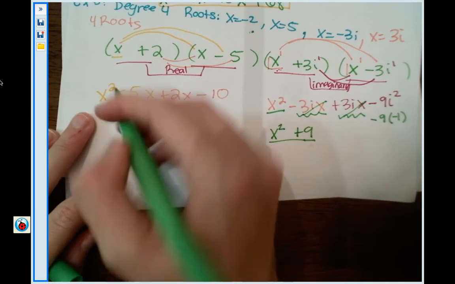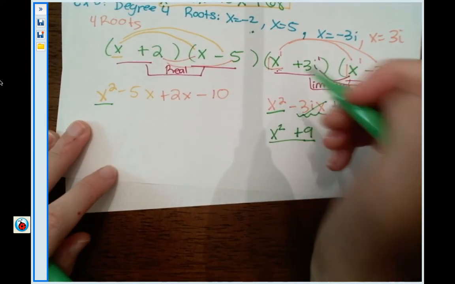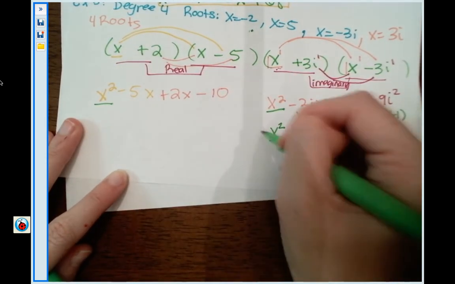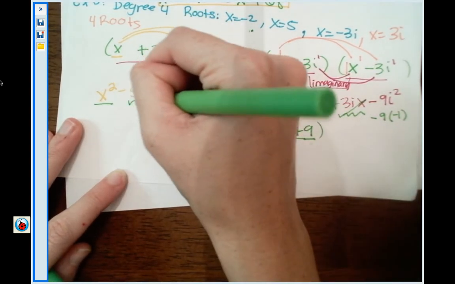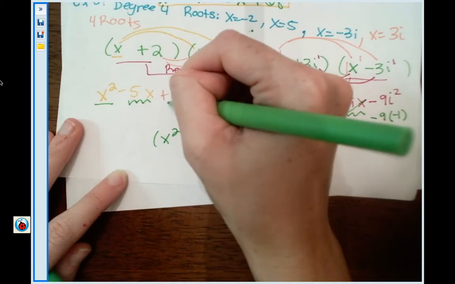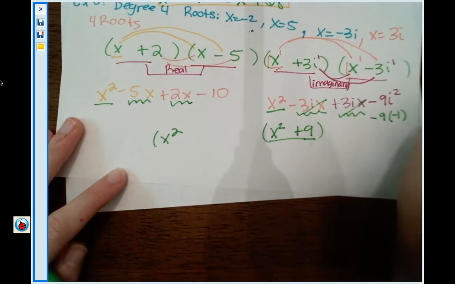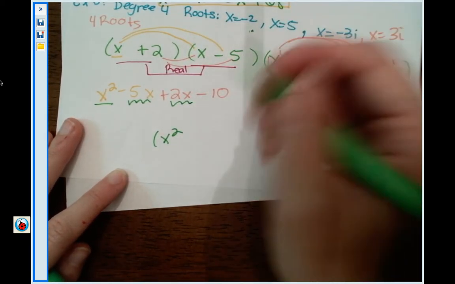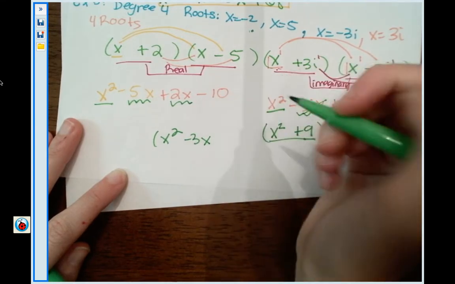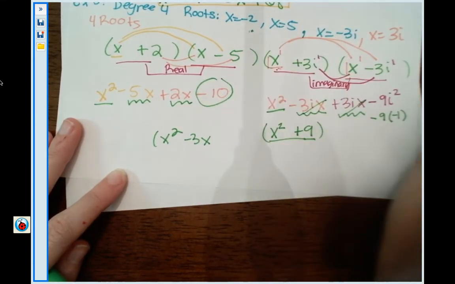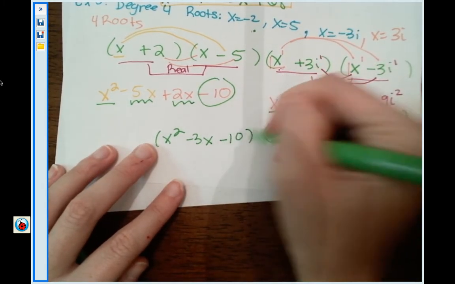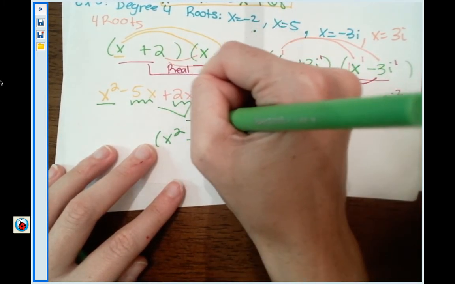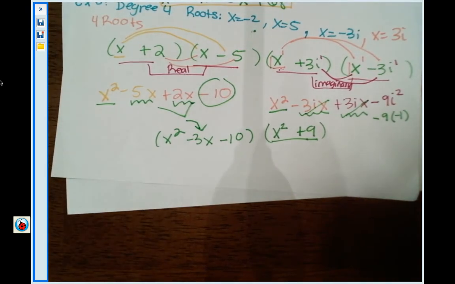I got my x squared and nothing to combine it to, so I'm just going to bring my x squared down. Here we have -5x, which will combine to my +2x, which -5x plus 2x is -3x. And then my sad and lonely -10 doesn't have anything to combine to, so I'm just going to bring that down.